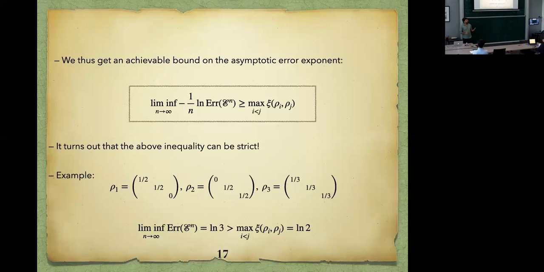For the state discrimination task, it turns out that the asymptotic error exponent is given by the pairwise minimum Chernoff divergence. It would have been very cool if this was given by the pairwise maximum Chernoff divergence, but that is clearly not the case, which makes these things even more interesting. Like, then what is it? Anyway, so this is not the exact expression. This is just an achievable bound on the asymptotic error exponent.